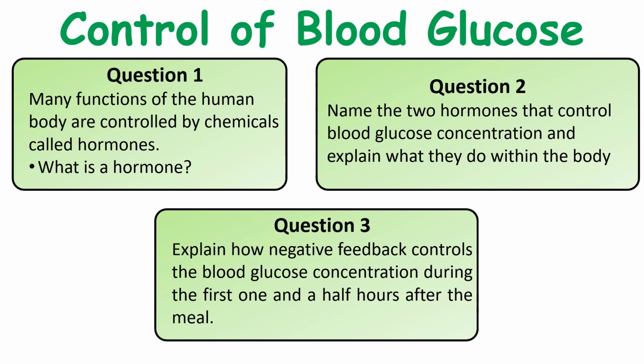And the third question is explain how negative feedback controls the blood glucose concentration during the first 1.5 hours and a few hours after a meal. So basically all you're doing there is explaining what negative feedback is. So when is insulin produced? What stops insulin being produced? When is glucagon being produced? What stops it being produced?